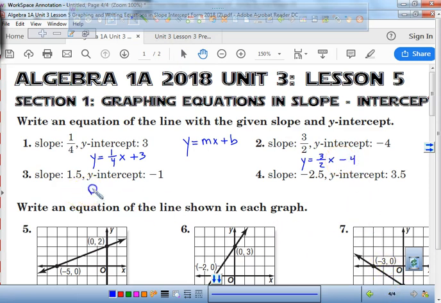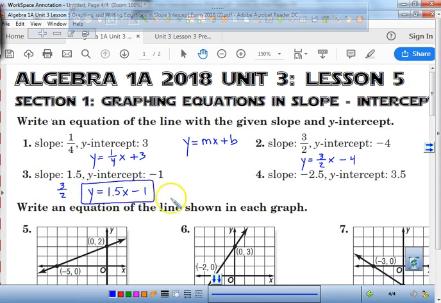What's the slope on this one? That's it, 1.5x minus 1. Now, if I wrote this as an improper fraction, that would be 3 over 2. So you go up 3 units and over 2 units, okay?